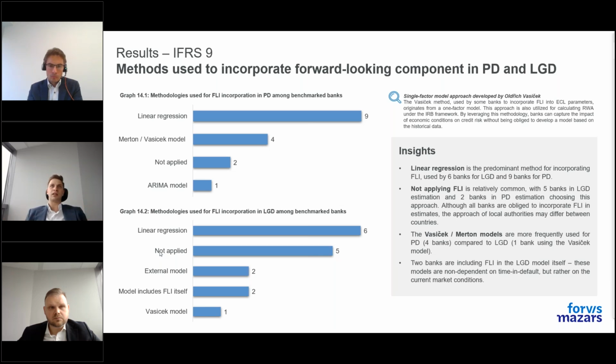These are the same banks that I was describing on the previous slide, for whom the LGDs are not non-dependent of default, because they are dependent mostly on the NPL sale price, and this is inclusion of forward-looking itself.